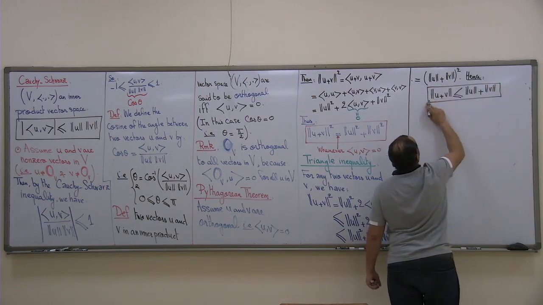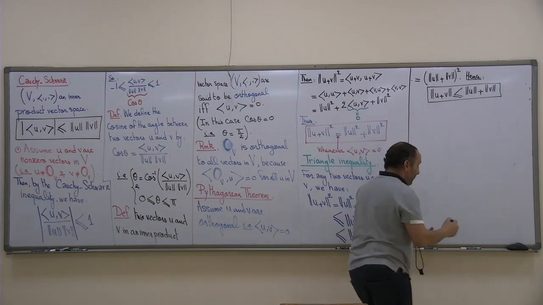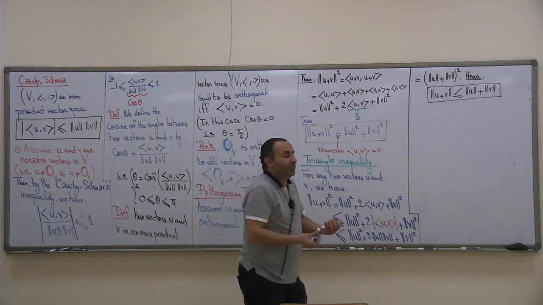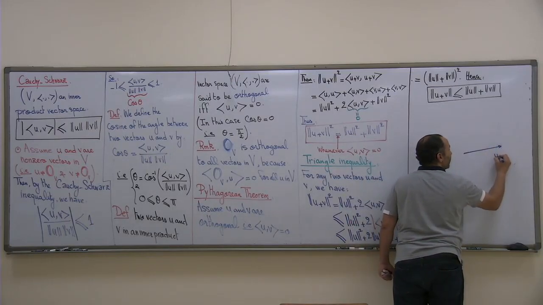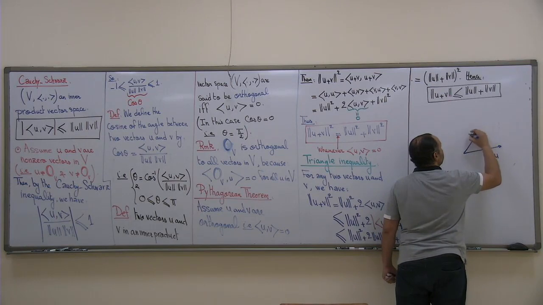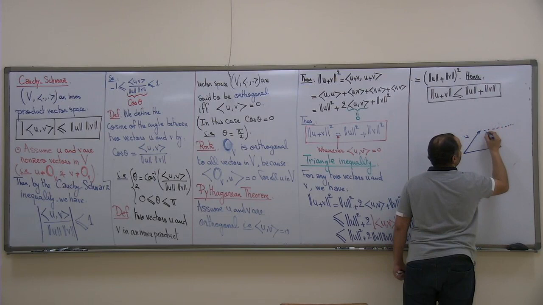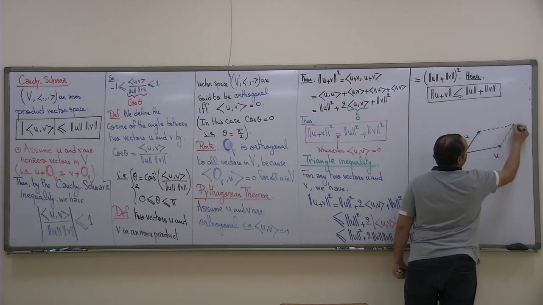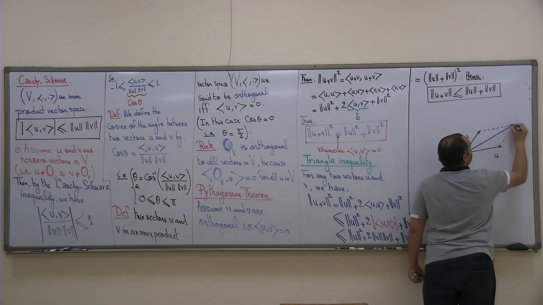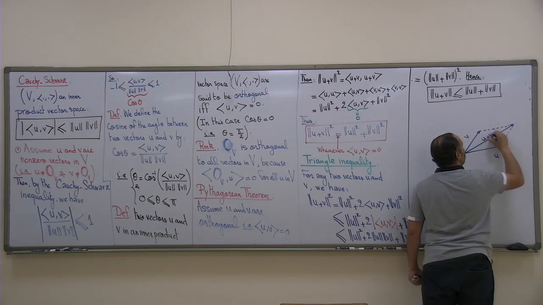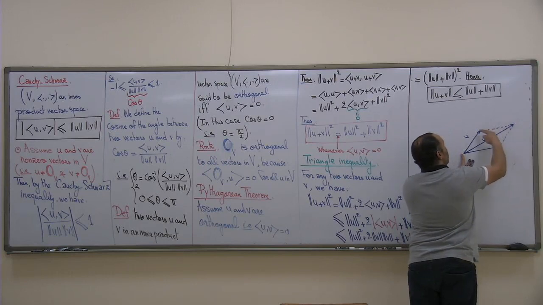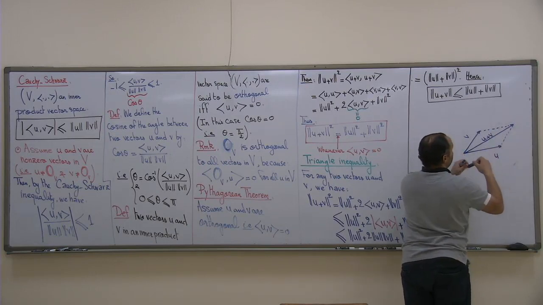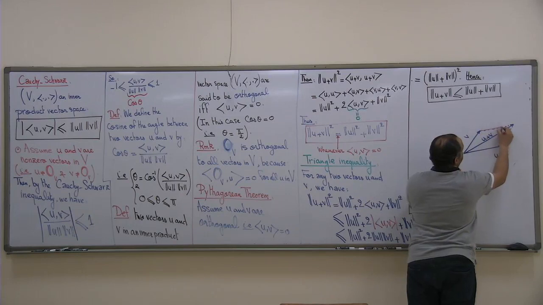Now, in the xy plane, with normal Euclidean geometry, here is a vector u, here is a vector v, and here is u plus v, so I construct u plus v. You are saying that the norm of u plus v is less than the norm of u plus the norm of v.